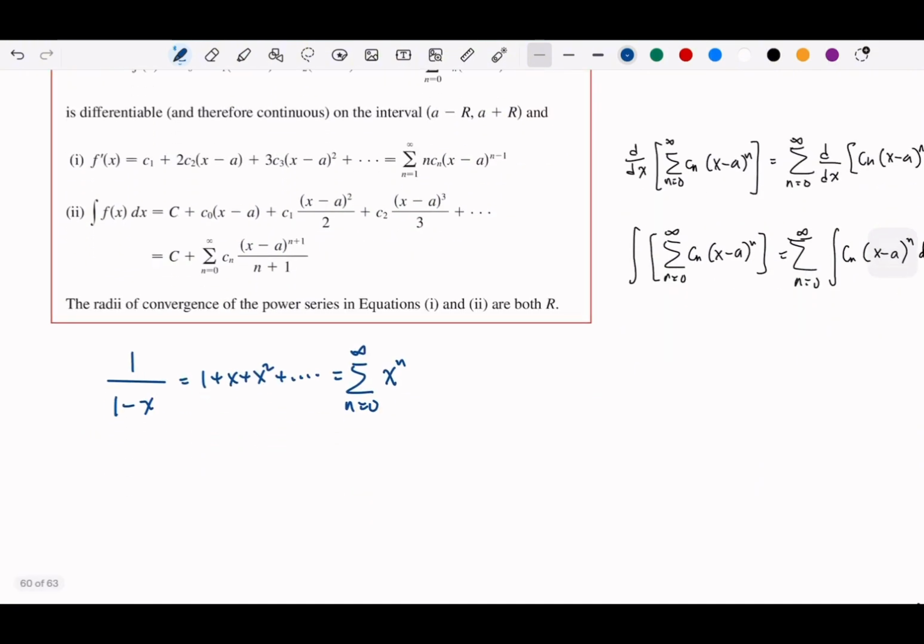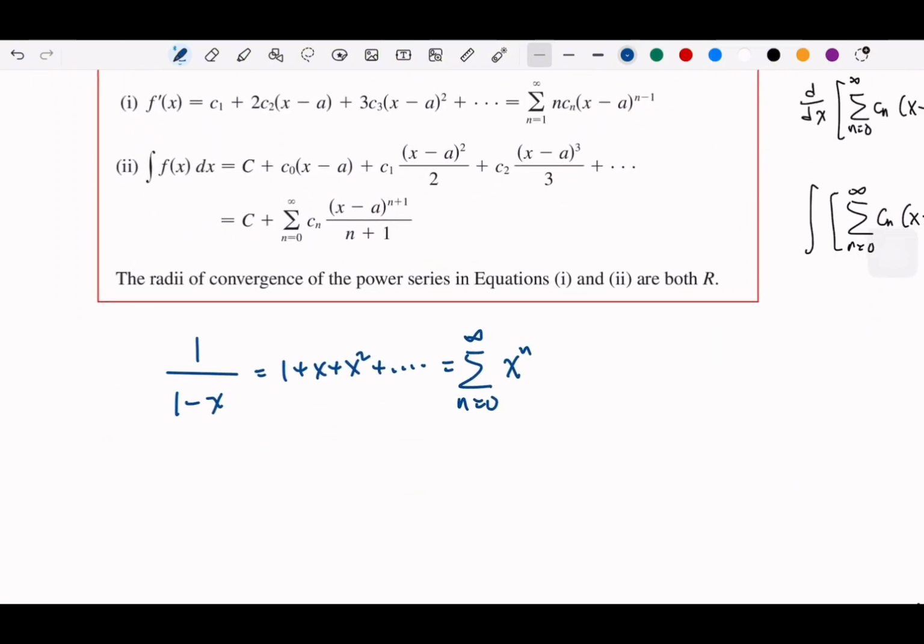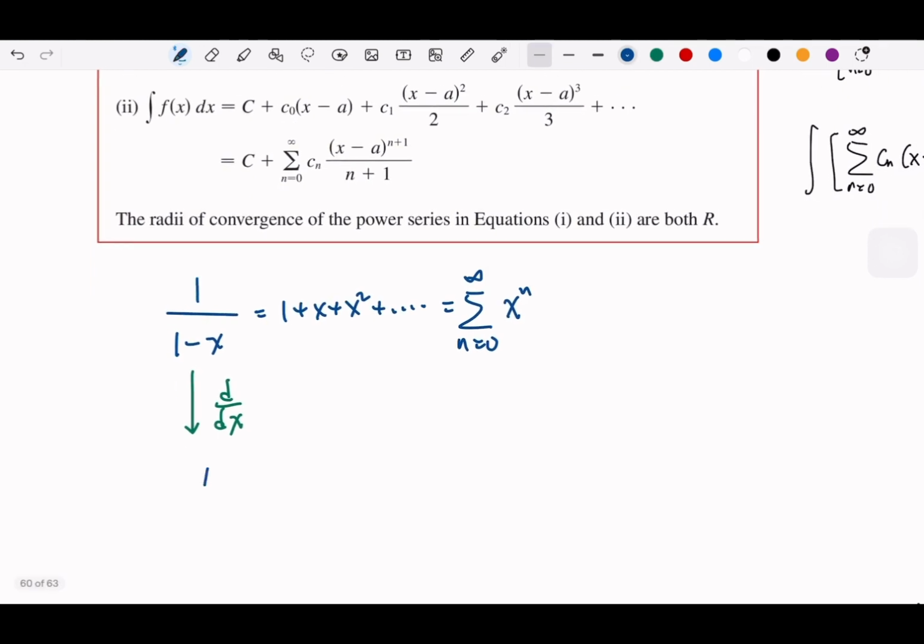And if we differentiate this, then we get 1 over 1 minus x, squared, right?